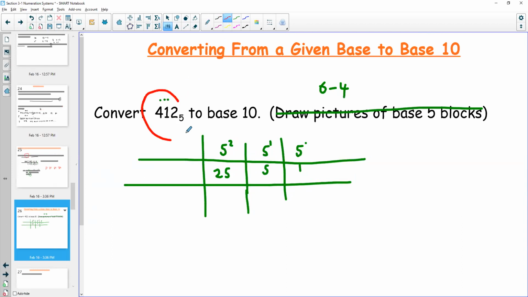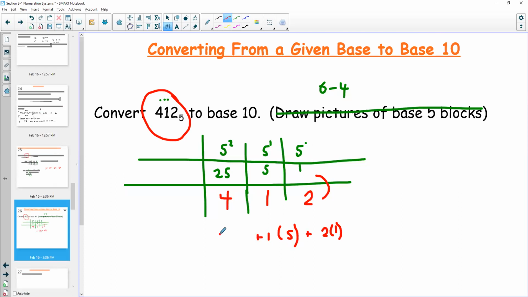And then I'm going to take my number and put it into place. The 2 goes here. The 1 goes here. The 4 goes here. Okay, and now I need to combine. 2 times 1. I have 2 1s. Plus, I have 1 5.